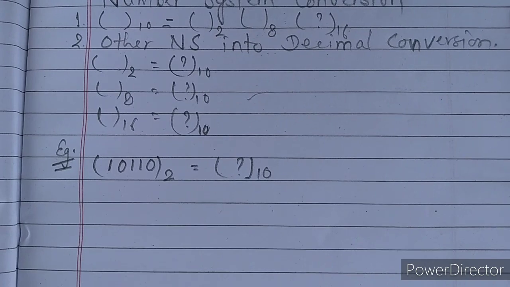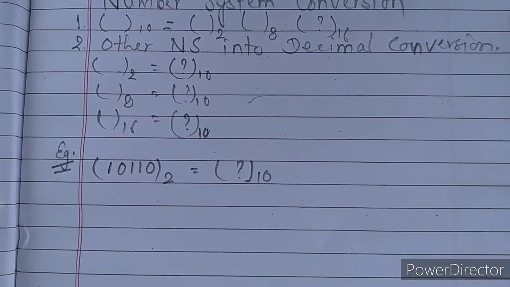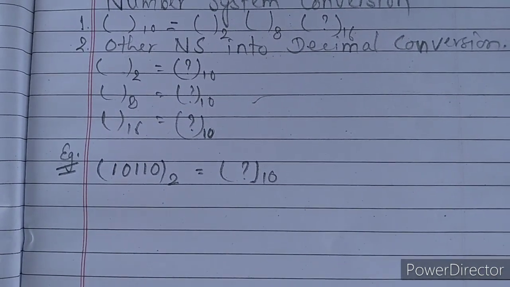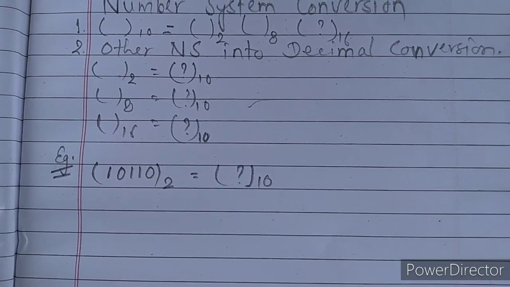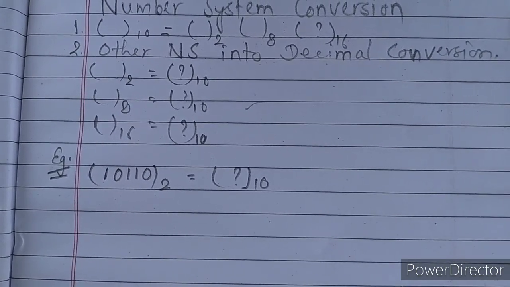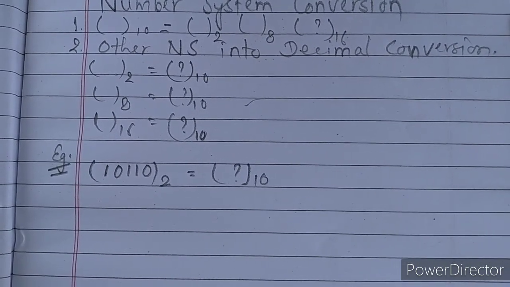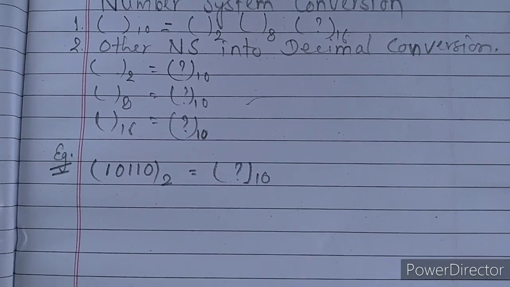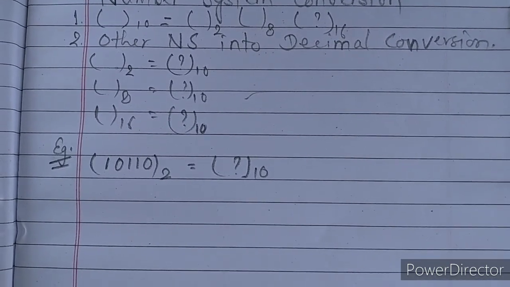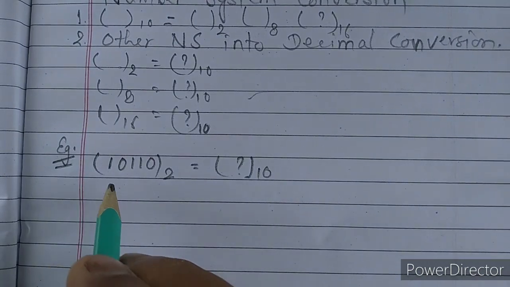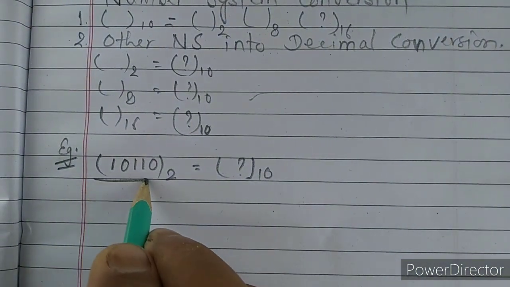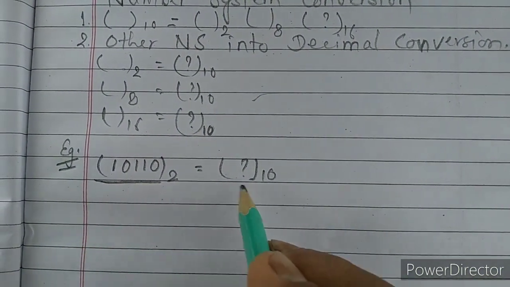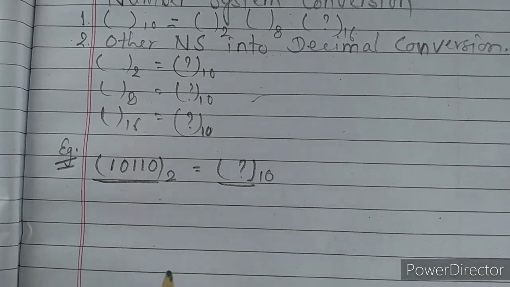Those who have not gone through my past two parts, please go through part 1 and part 2, and then you will be clearer about this part 3. So this is part 3 and we are going to start. This is the binary number, and we are going to convert it into a decimal number.